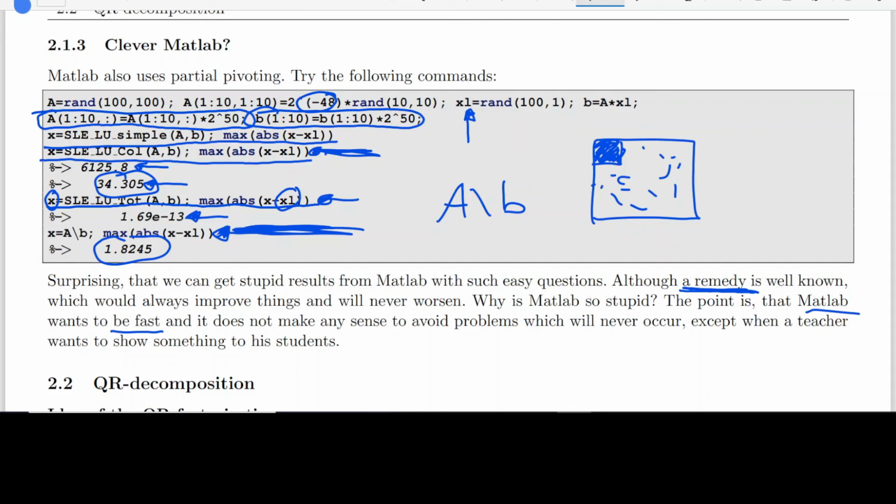As I said, I was very surprised that that is true, but when I was the programmer, I also wanted to be fast, and true is there is not a single application where total pivoting is necessary and column pivoting is not enough.